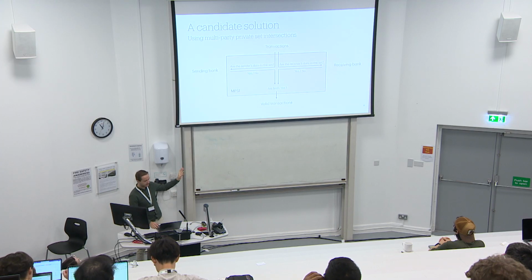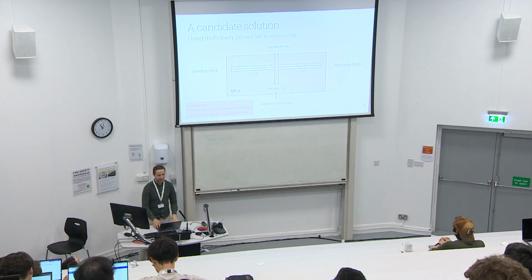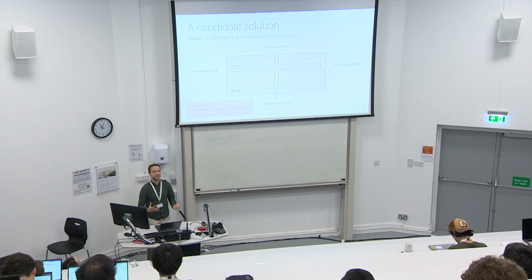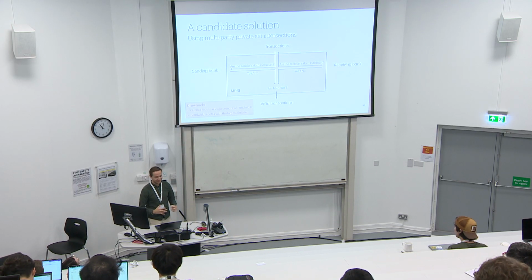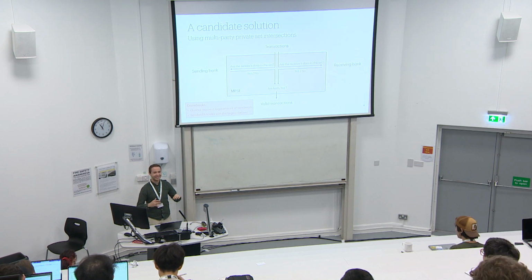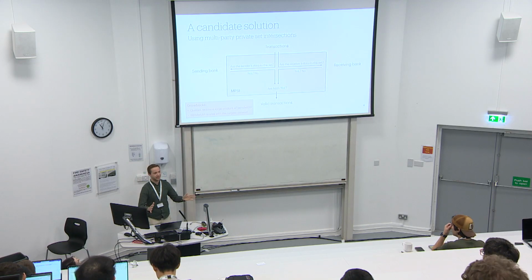This would be the MPSI, so you are checking whether all are in the set. There are a few drawbacks to this, and I'll show them later in more detail. But a big problem is that each query requires a lot of bandwidth. The bandwidth scales with the entire set of data that the bank stores. So even if you perform a single query, you have to expend all this bandwidth every single time.